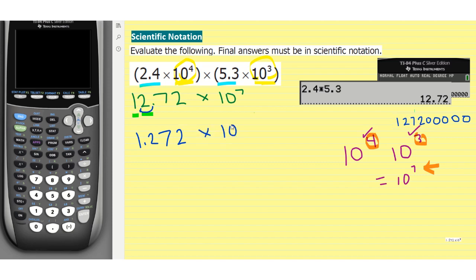This is 10 to the 7th now. When I'm going backwards, that number is getting bigger. It's going from 1 to 12, so it's getting bigger going backwards. That means I need another 10 over here to balance it out. I need one 10 over here. So then my final answer could be 1.272 times 10 to the 8th.